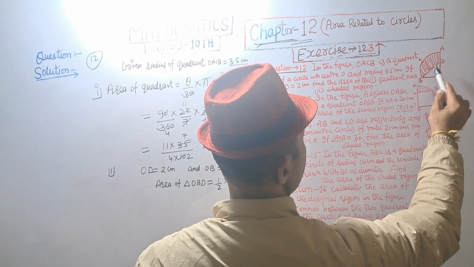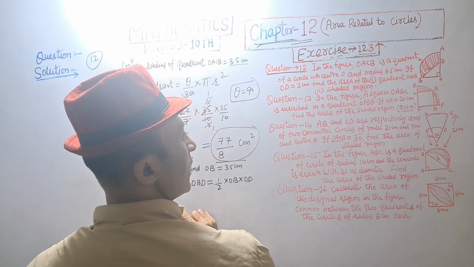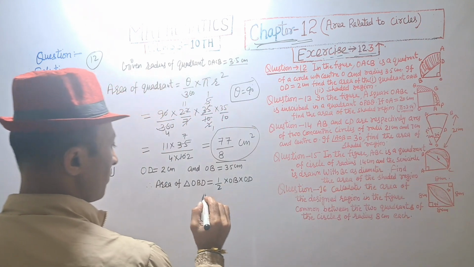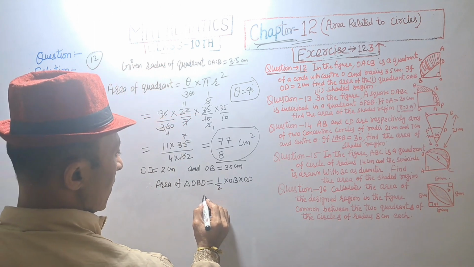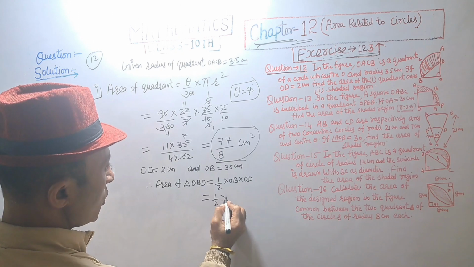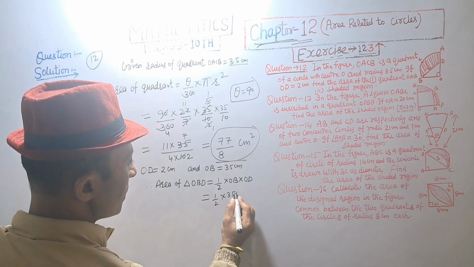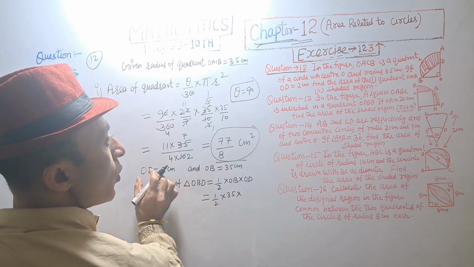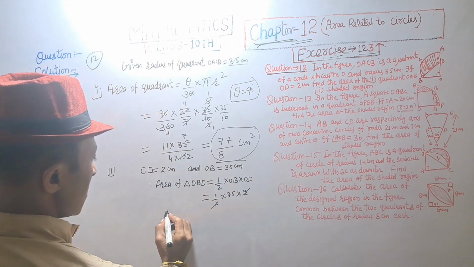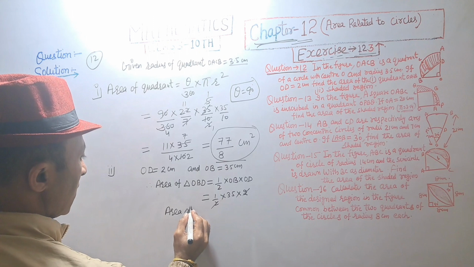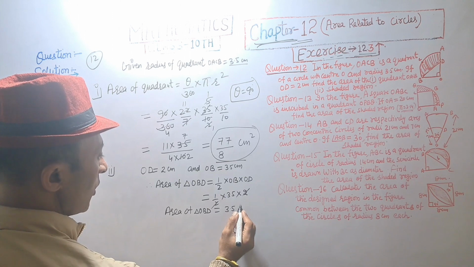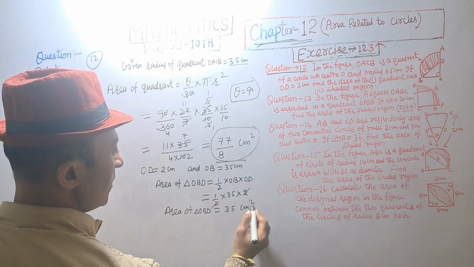In triangle OBD, area of triangle is equal to half into base into height. Half, OB is 3.5, into OD is equal to 2 centimeter, given. This 2 cancels, and area of triangle OBD is equal to 3.5 centimeter square.